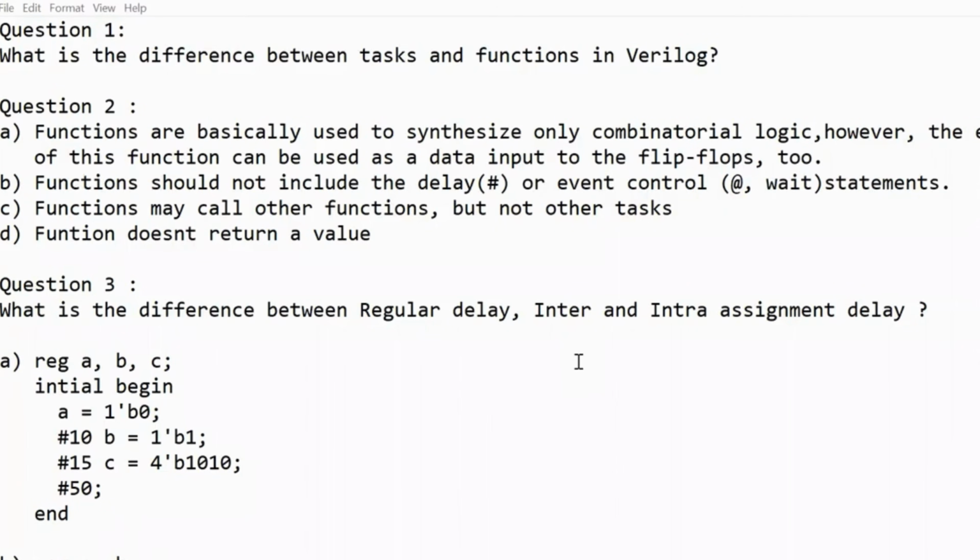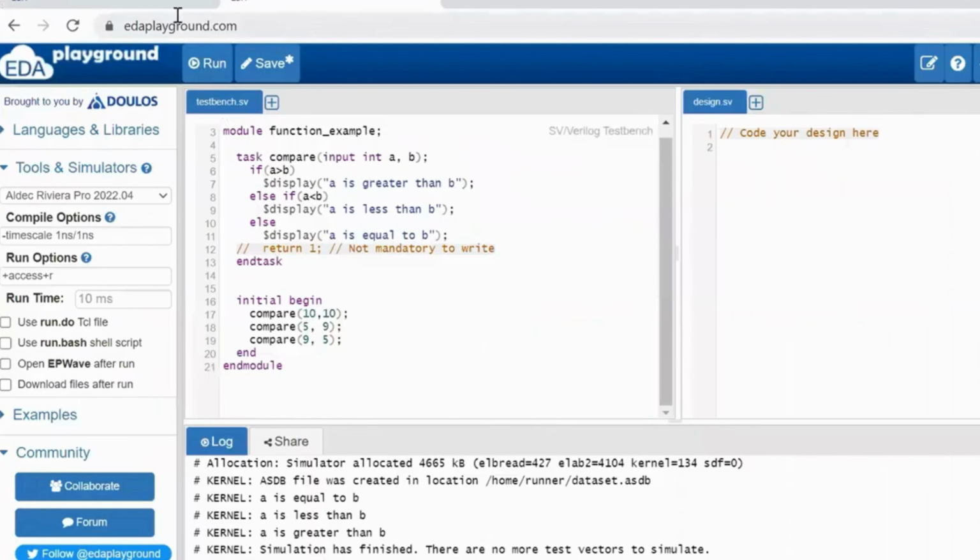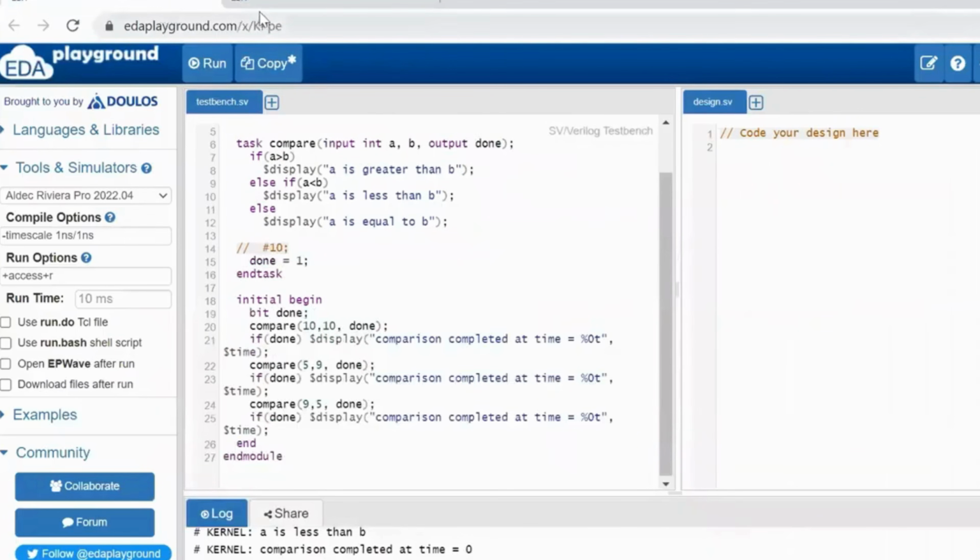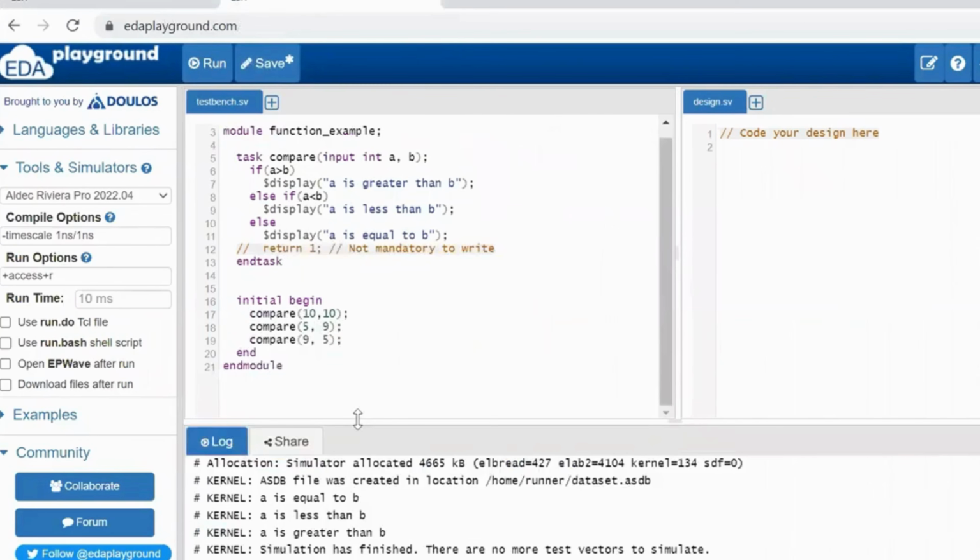Those are the main differences between function and task. Any doubts? We'll see an example of how tasks and functions are defined. So this is the function.